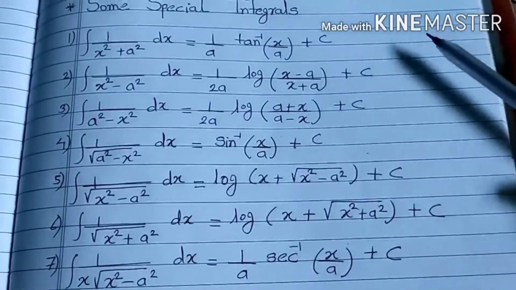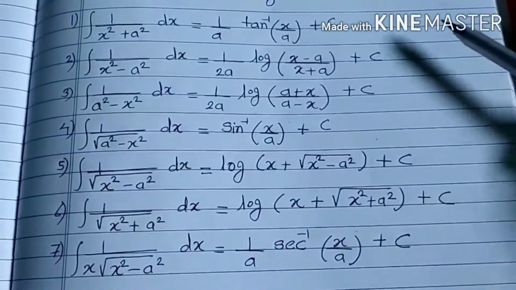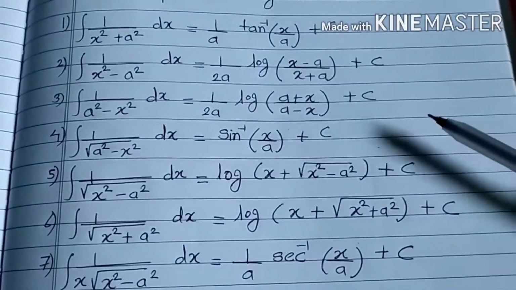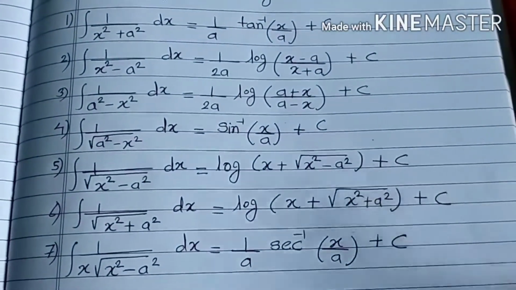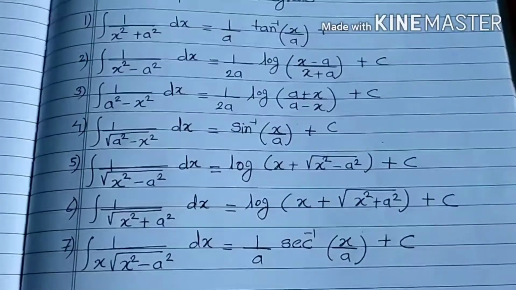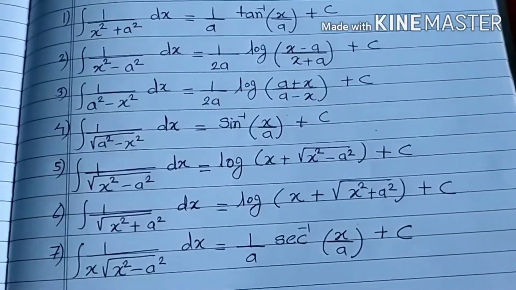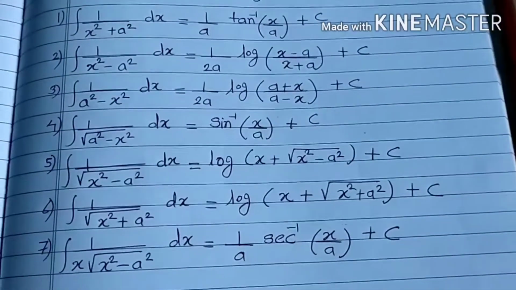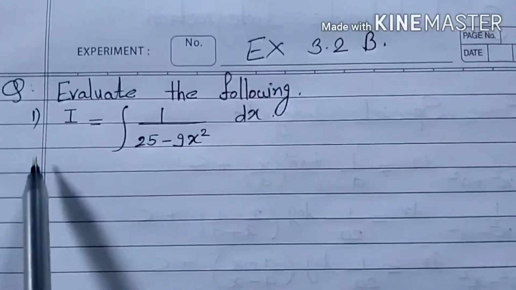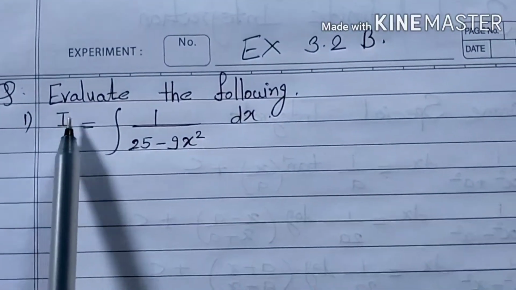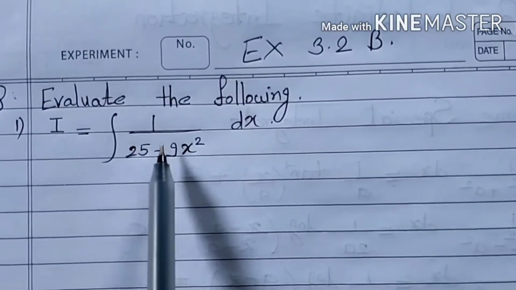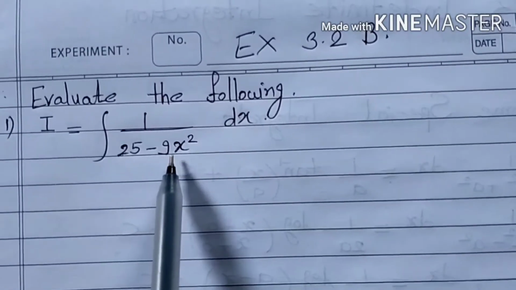So these are our formulas, and we have to use them when solving the examples. So here is exercise 3.2b. Our first example is I is equal to integration of 1 upon 25 minus 9x square dx.